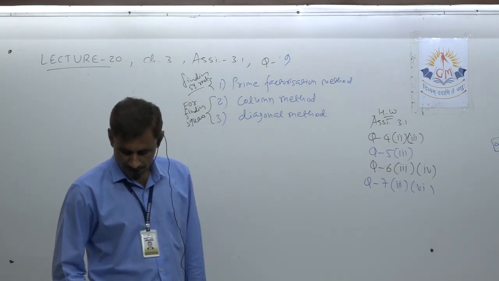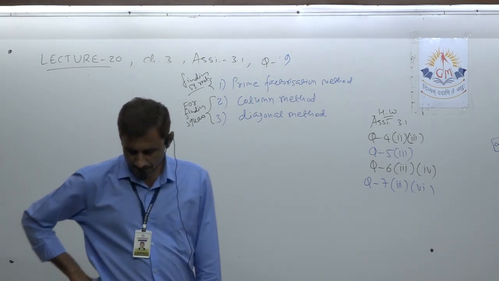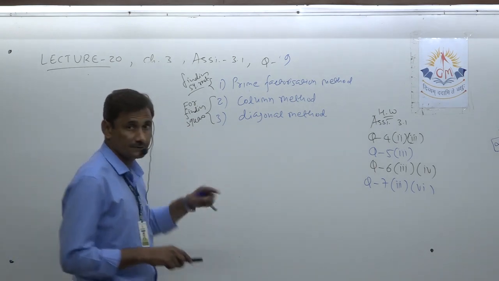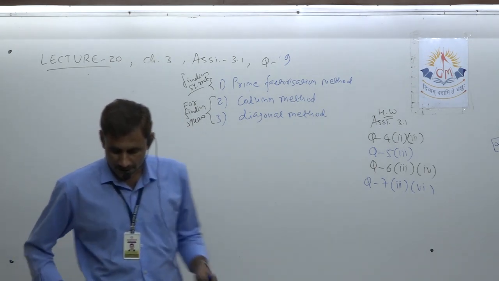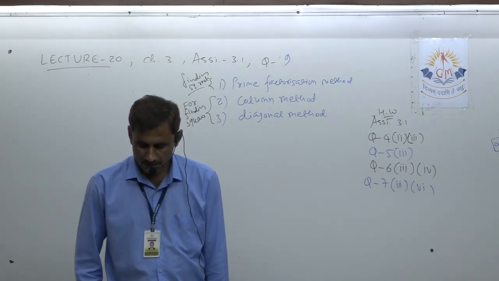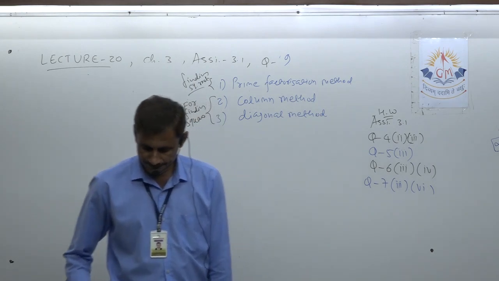Just solve this number by the column method only, not that other method. If the last digit is 5, then we can say it directly, but not that way now.